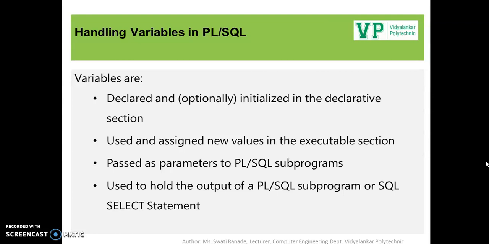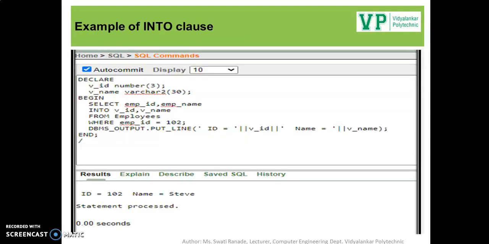Before starting the %TYPE attribute, let's have one example. Just observe, in the declare section we have two variables. One is v_id and the second one is v_name.